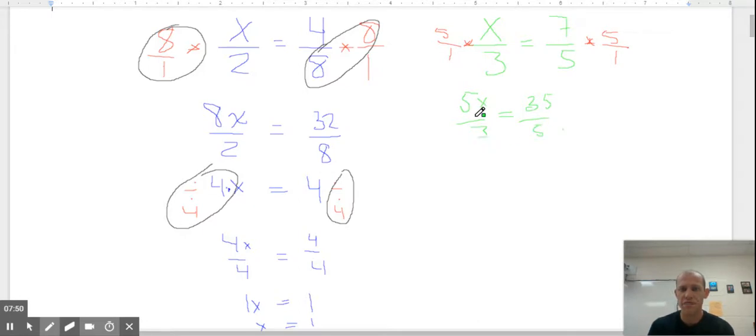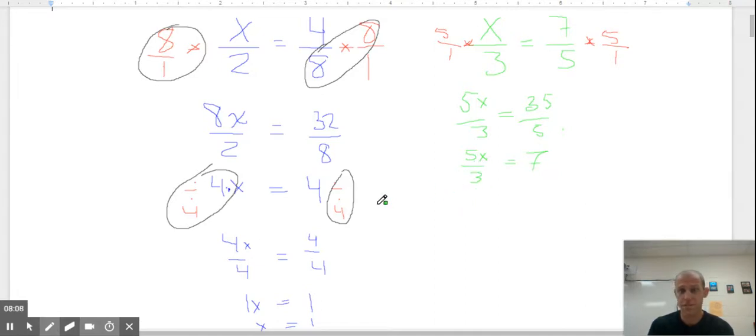Now let's simplify. 5 divided by 3, I don't know what that is, so I'm going to just rewrite what I have. 35 divided by 5, though, is 7. Notice that was our numerator. It's like these 5s canceled each other, and we're just left with the 7.